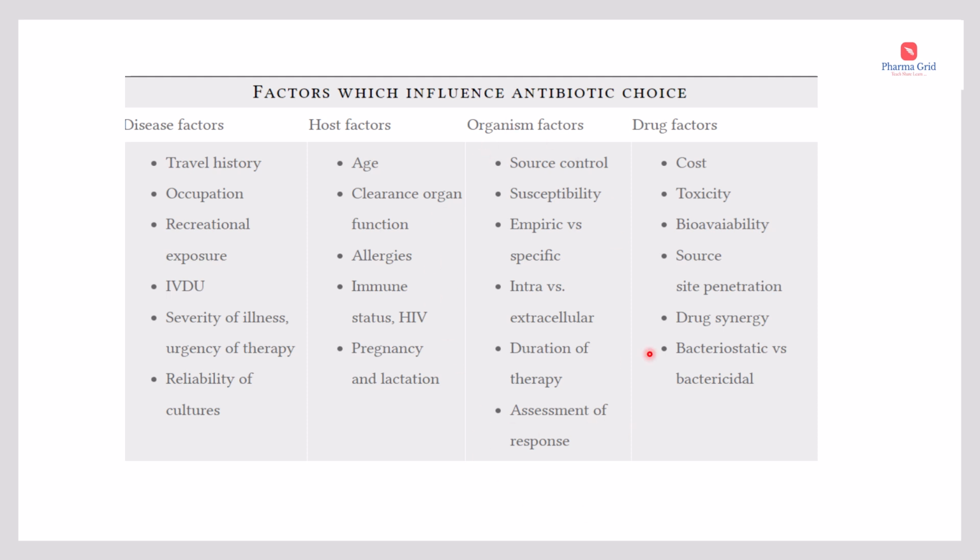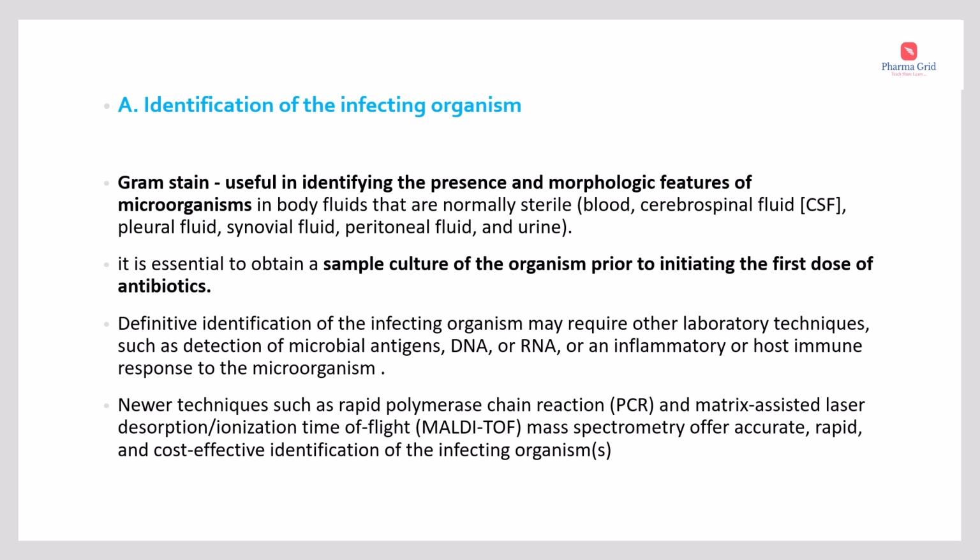So all these are organism-related factors. Then drug-related factors include the cost, toxicity, bioavailability, which is nothing but the rate and extent of drug absorption, site penetration, drug synergy, bacteriostatic versus bactericidal. So we will see the first factor in detail, which is the identification of the infecting microorganism.